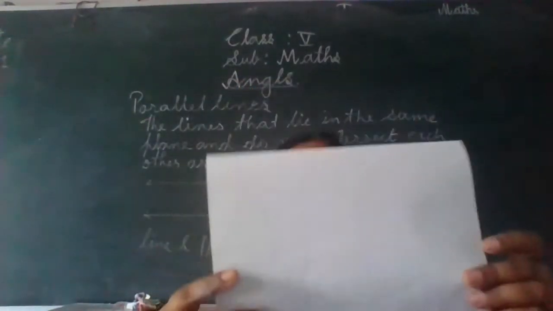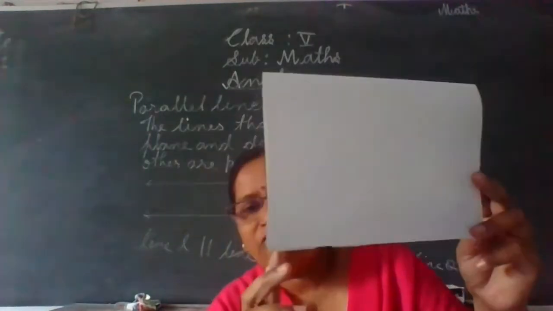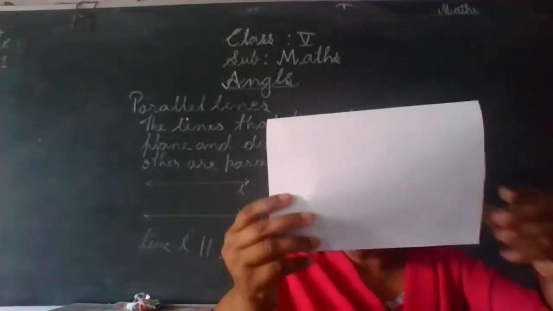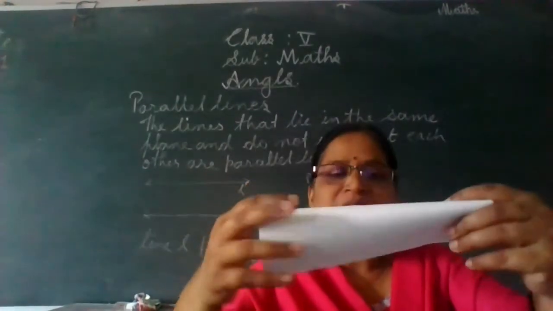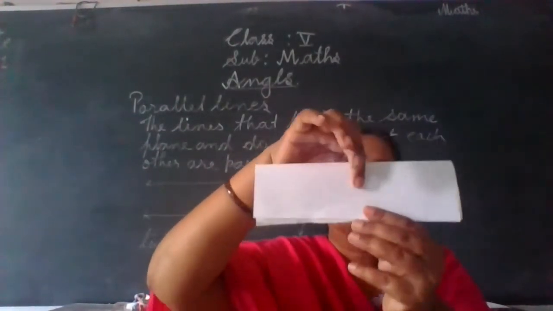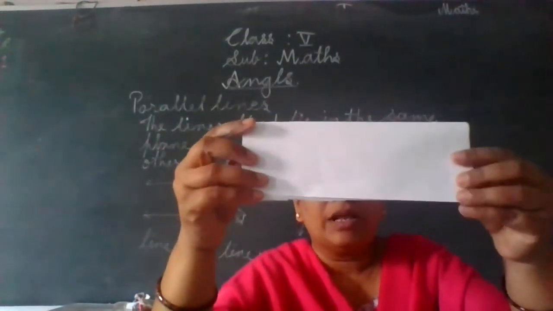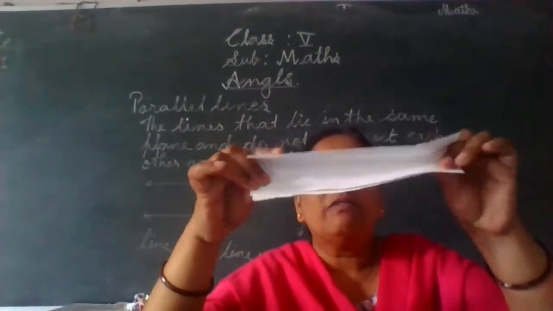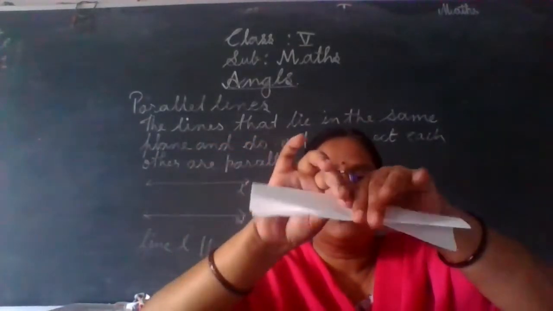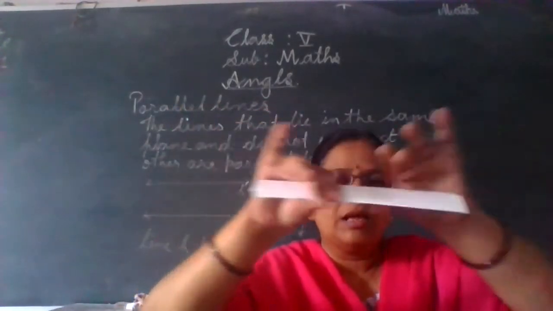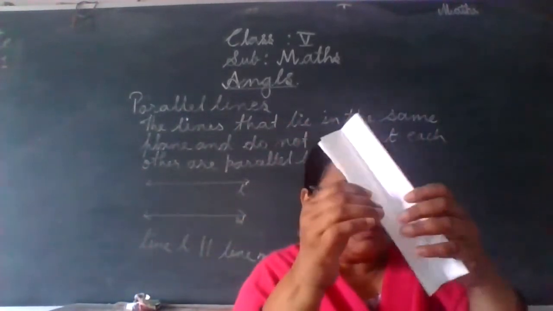Now see, it is exactly half of the rectangular page. Now make another fold in the same way. Okay. Now you can make one more fold. Now unfold the paper.